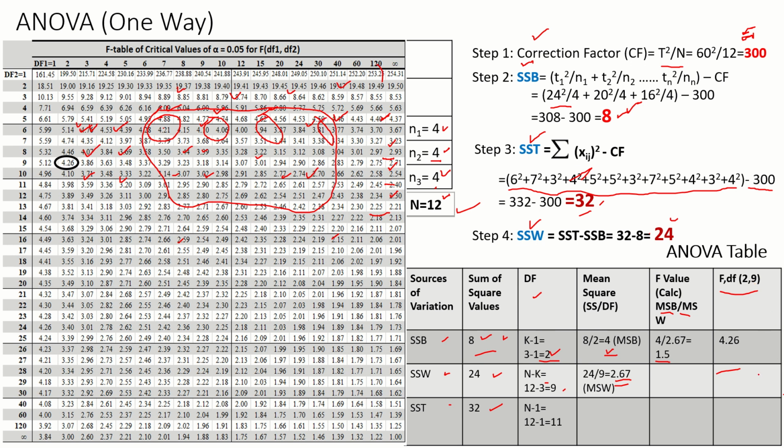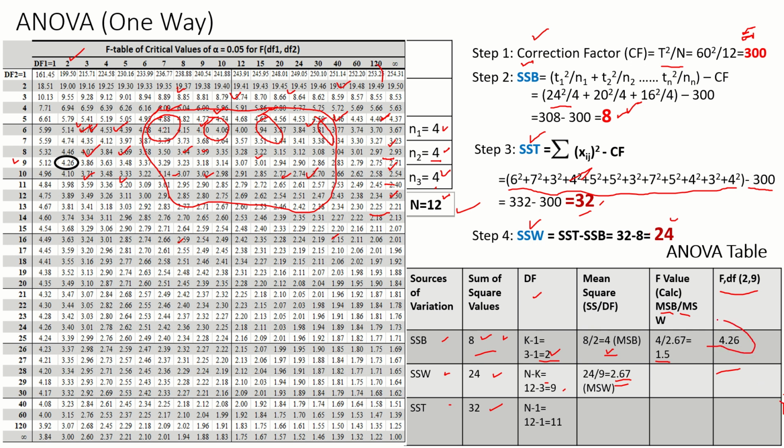Because we have A, B, C, 3 varieties of seeds, therefore 3 minus 1, 2. The other one is 9, because n minus k we calculated here is 9. So we look at 2 degrees of freedom here and 9 here, and the value we are getting is 4.26. We have written here 4.26.